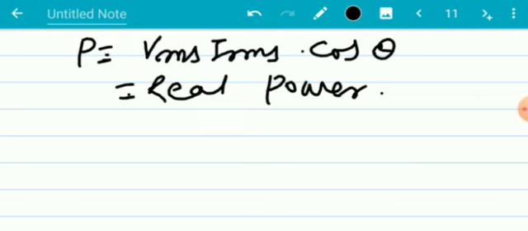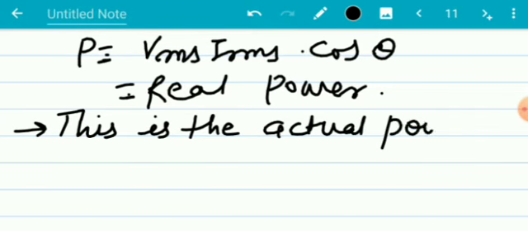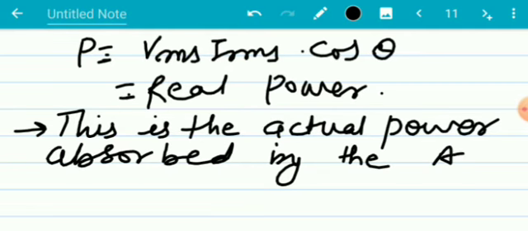So we will try to understand the significance of these powers one by one. We call this power the real power because this is the actual power absorbed by the AC load.